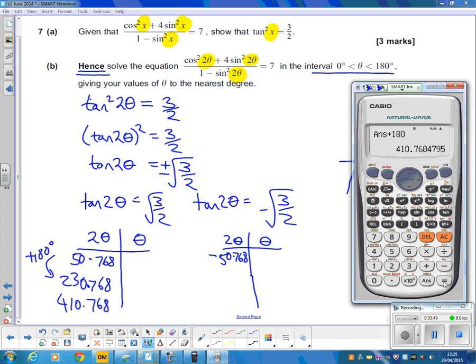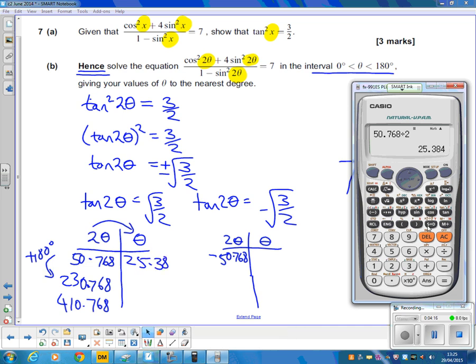That was what 2 theta is, so I need theta. So now I'm going to divide my answers by 2. So I've got 50.768. You could have done this earlier to keep it accurate. Divided by 2 gives me 25.38 degrees.